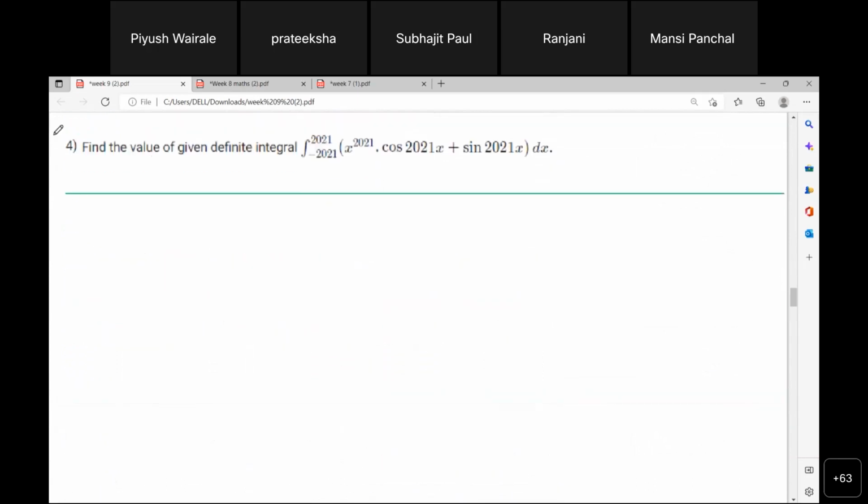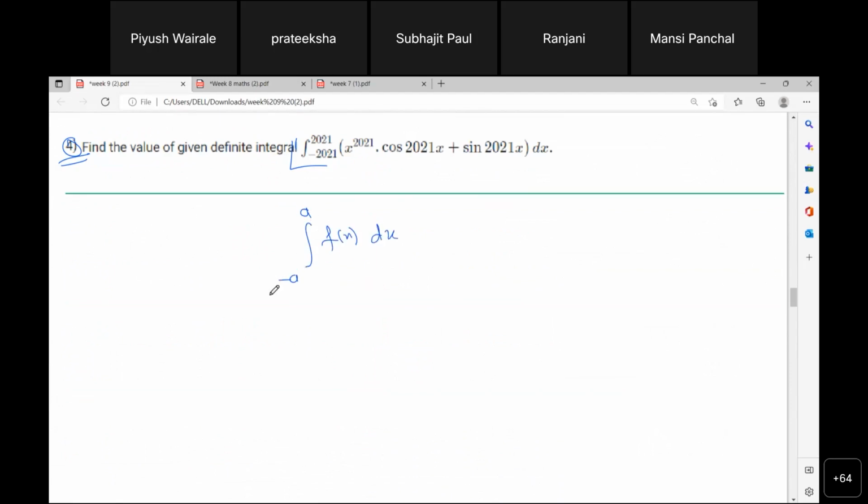Okay. So now one important thing here. Suppose you have to find out the value of the definite integral. Say suppose I have a function which varies from minus a to a, f of x dx.